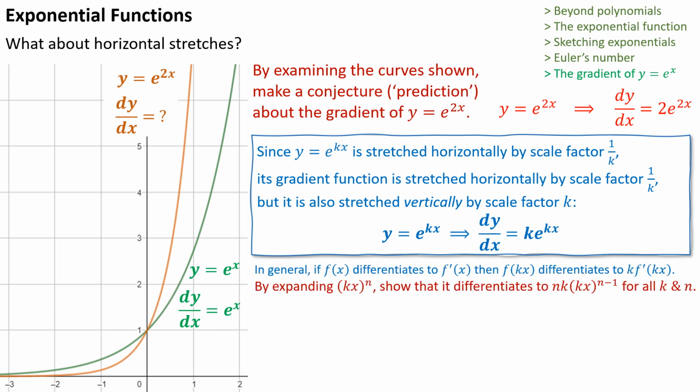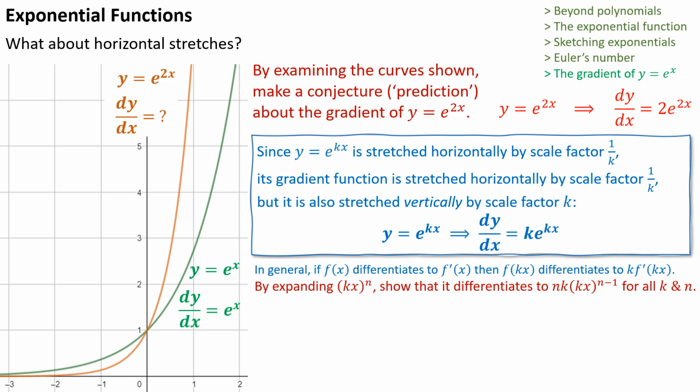If you have f of x and then you investigate f of kx, so you perform a horizontal stretch, then the derivative will not just be stretched horizontally, so f dashed of kx, but it'll also be stretched vertically by scale factor k. And a good way to test this for yourself is to try it out.